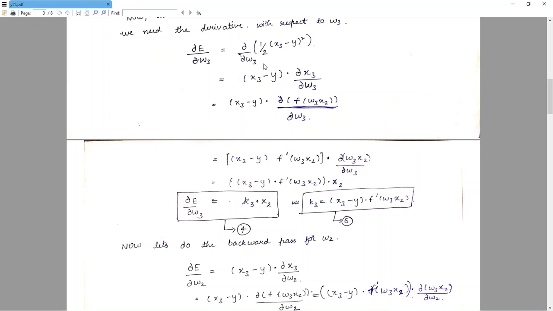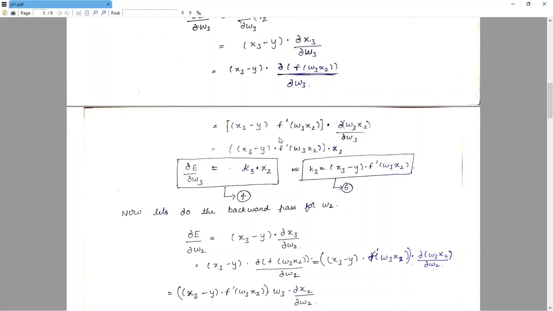Now, clearly you can differentiate this as x3 minus y into the partial derivative of f of w3 x2, which turns out to be x3 minus y into f dash of w3 x2 into the derivative of g, where g of x equals w3 x2, so g dash of x equals the partial derivative of w3 x2.